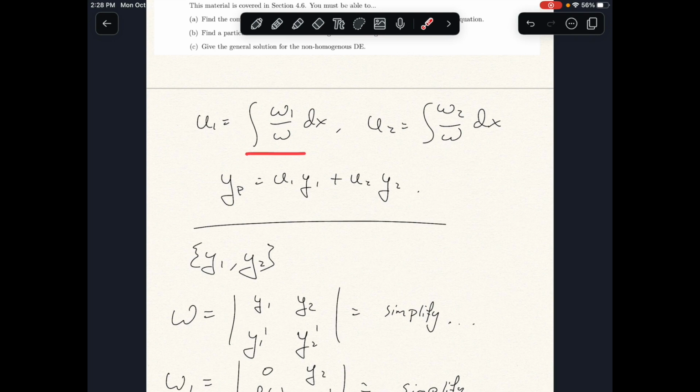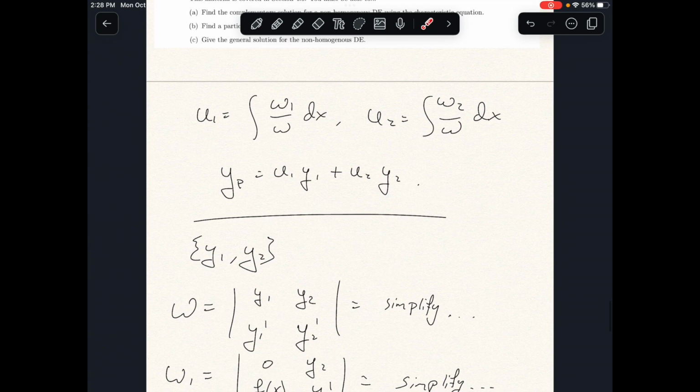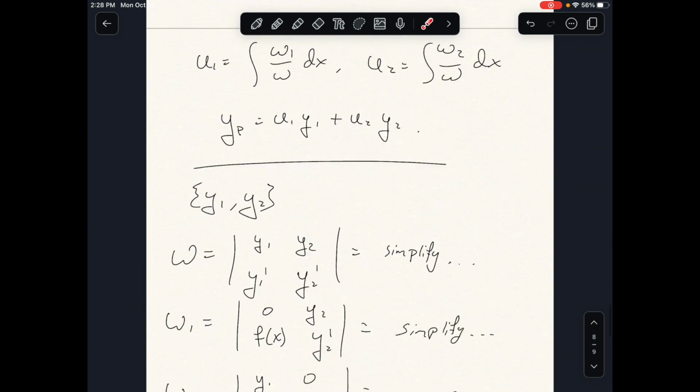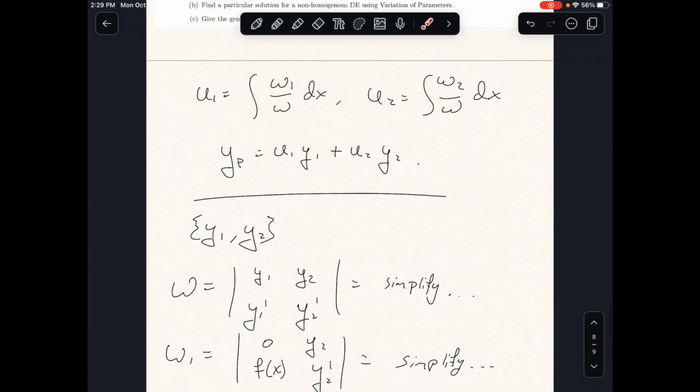You're always going to want to simplify these integrals as much as you possibly can. And u2 is going to be the integral of W2 over W. And then once you integrate those things, as long as you integrate them correctly, your particular solution will just be u1 y1 plus u2 y2, where your y1 and y2 are just coming from your fundamental set. Okay. So that's variation of parameters in a nutshell.